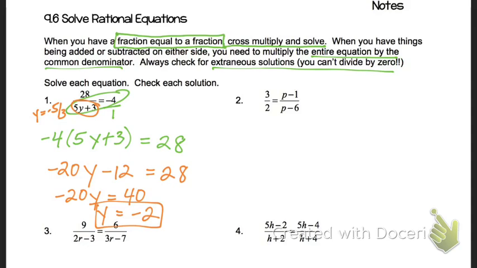So we are good. So all you're doing when you're checking for extraneous solutions is taking this number and plugging it back into the denominator, and checking to see if the denominator equals 0. If it does, then you would say no solution.